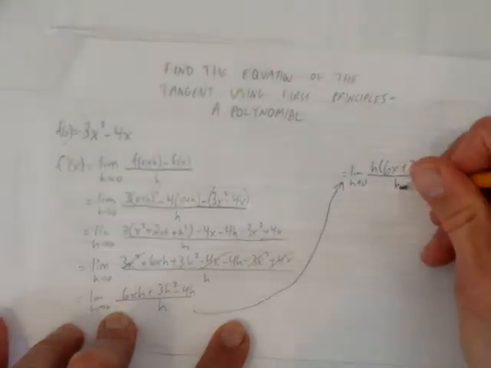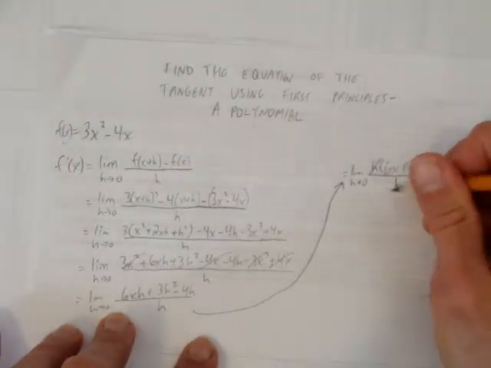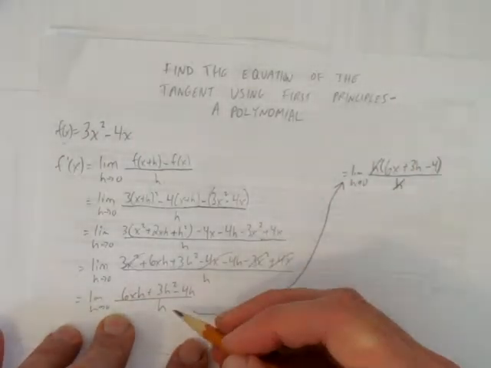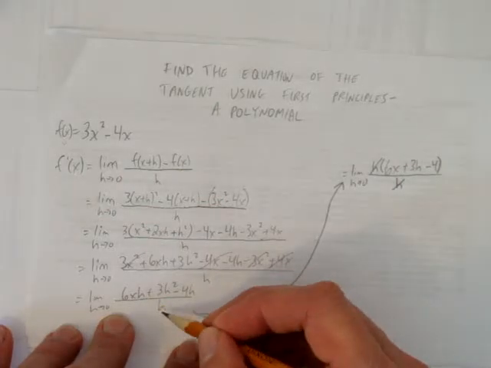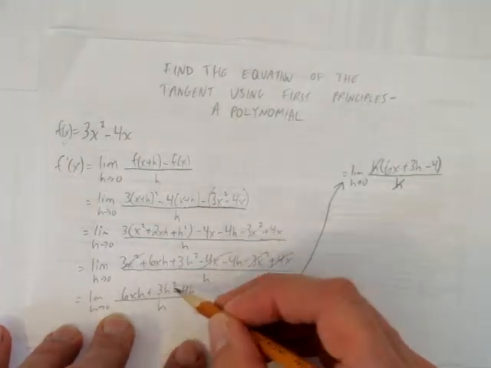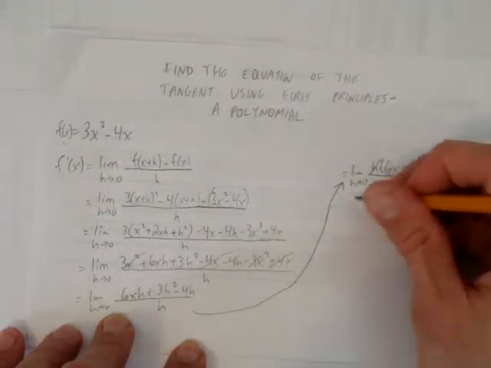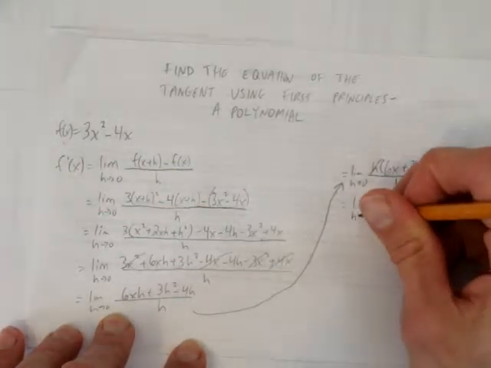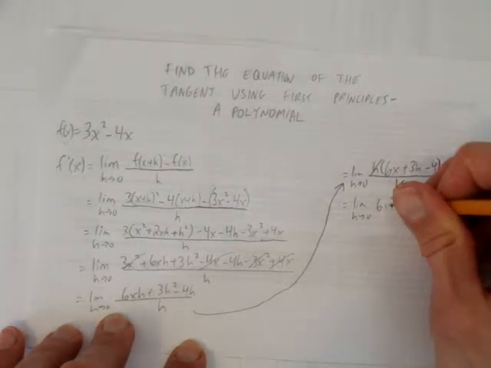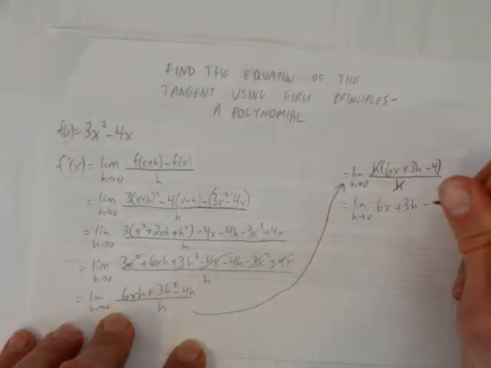Let's close that bracket. And why is that good? Because now you can cancel the h's out. You didn't have to do this factoring step. If you could see it from here, you could cancel this h on the bottom with one h from each of the top terms. Nonetheless, now you get the limit as h approaches 0 of 6x plus 3h minus 4.